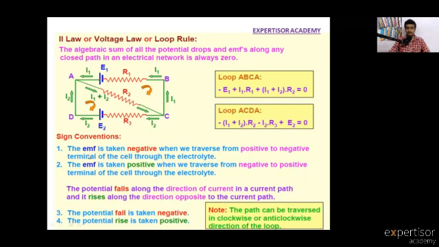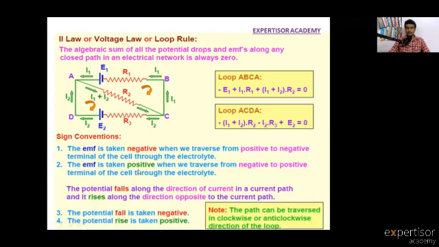See the sign conventions. The EMF is taken negative when we transfer from the positive to the negative terminal of the cell through the electrolyte. First, consider one loop A, B, C, and A. In this loop, the first traveling path is A to B. Here my loop direction is from the battery positive terminal to the battery negative terminal, so in this case EMF is negative.